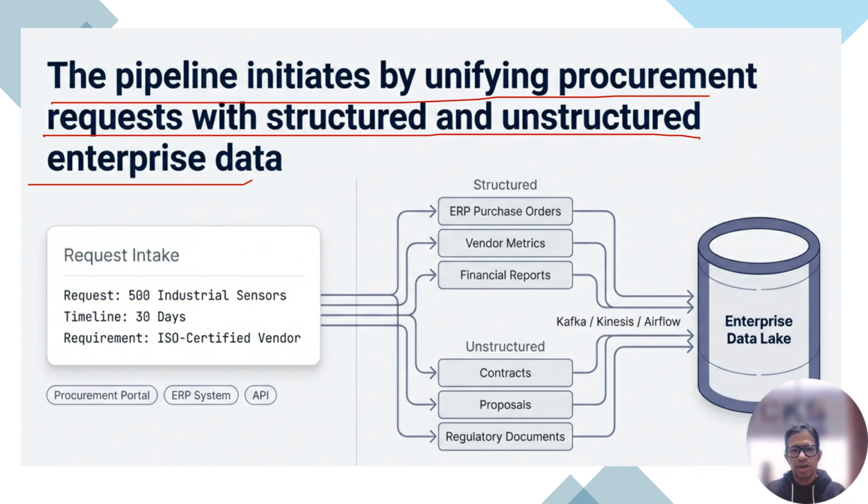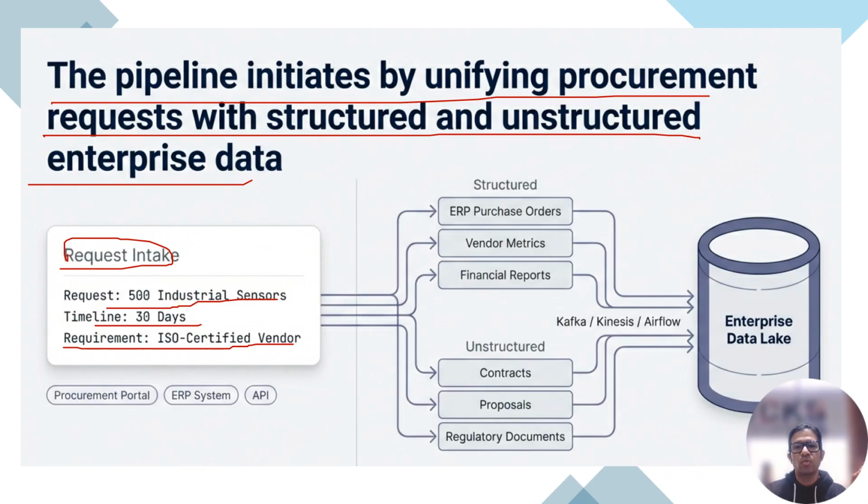Now start on the left side. Everyone begins with the request intake. Here the request is 500 industrial sensors. Timeline 30 days, and that's the hard constraint. And the requirement: ISO certified vendor. That's a compliance constraint.